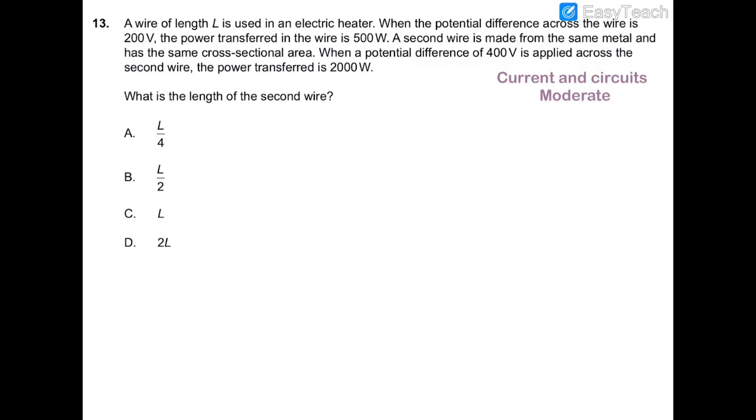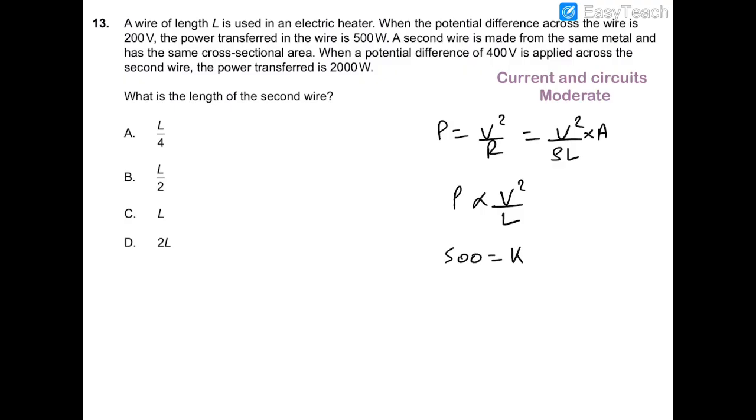We know that power is V²/R, and R is ρL/A. So we can ignore the factors which are the same. A is the same, ρ is the same. So we can say that power is proportional to V²/L.